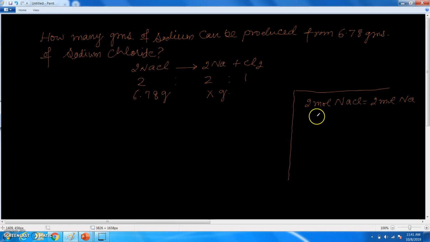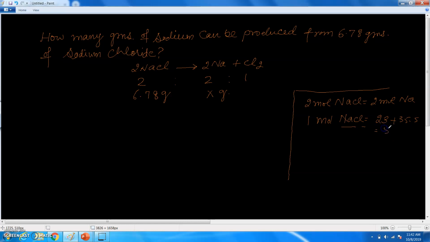Second thing is take 1 mole sodium chloride is equal to, this is its molar atomic mass, 23 plus 35.5.